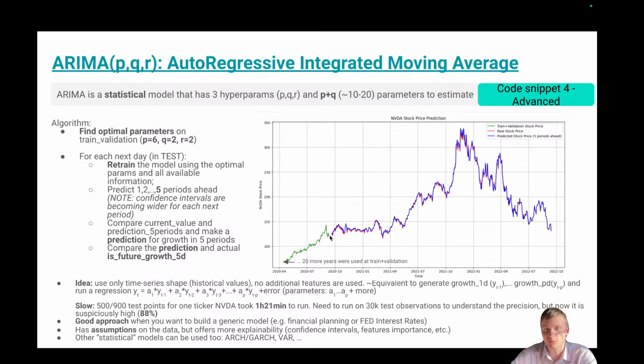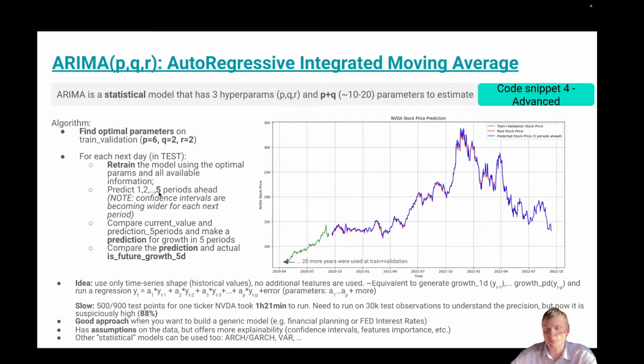That's why we start to predict on the first day of test data, and that's why you have some gap. It's because I predict 1 period ahead, 2 periods, 3, 4, and 5 periods.